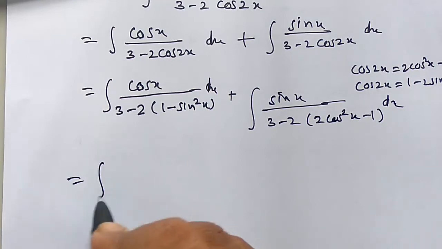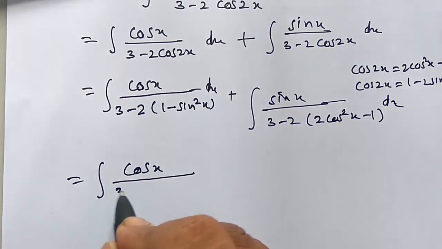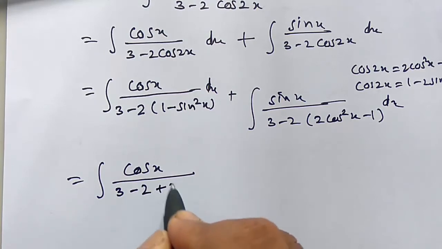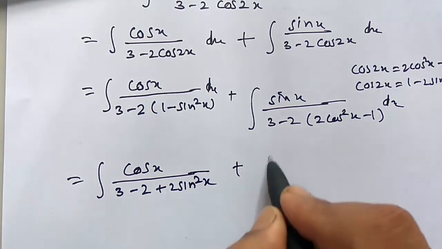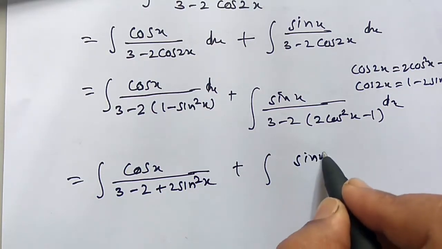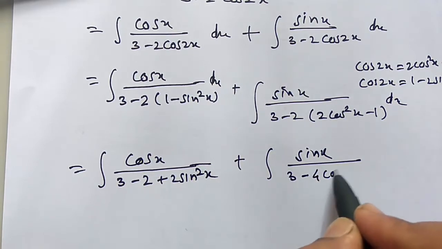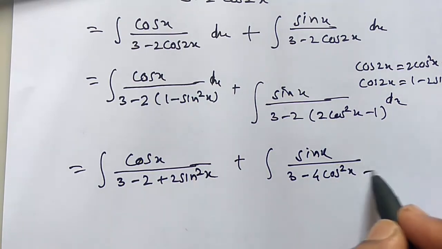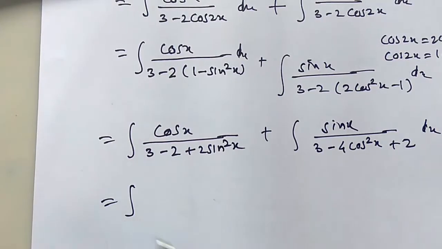So this is equal to integration of cos x upon, after simplification, 3 minus 2 plus 2 sin square x, plus sin x upon 3 minus 4 cos square x plus 2 dx.